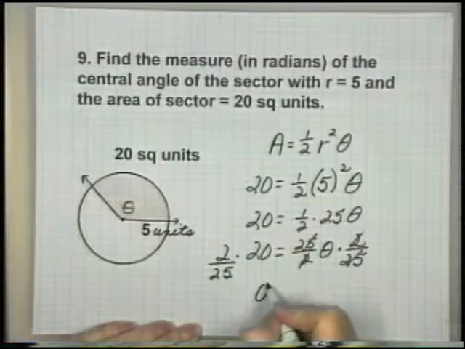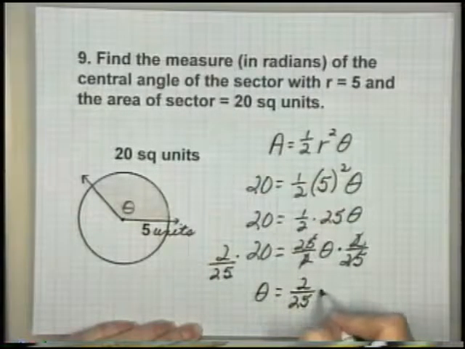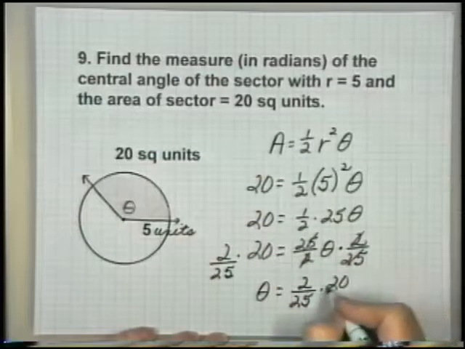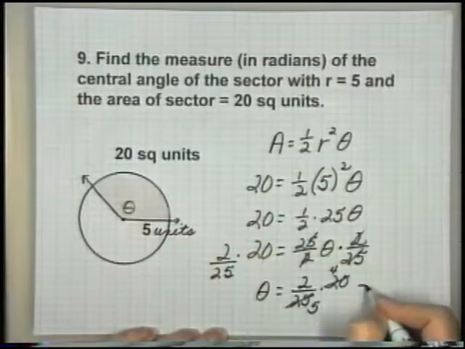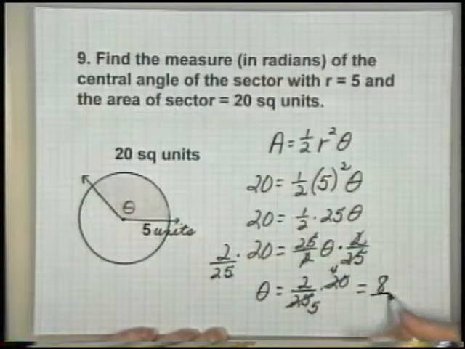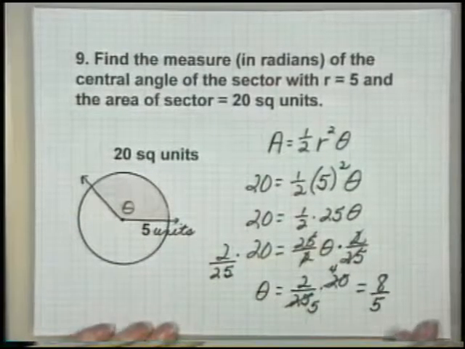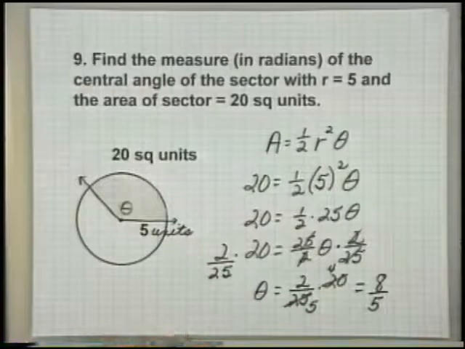Of course, those divide to 1. And so theta is equal to 2 over 25 times 20. Let's reduce. 5 goes into 20 4 times, and 5 goes into 25 5 times. And I get 2 times 4, and in the denominator I get a 5. So theta is 8/5. 8/5 what?